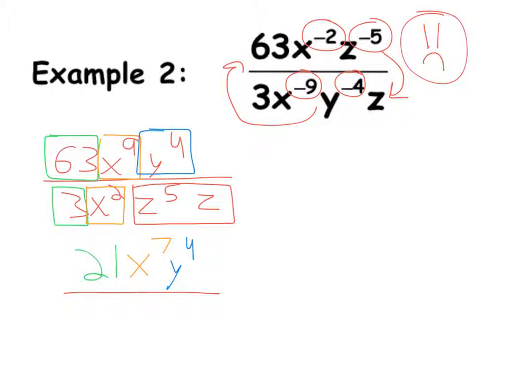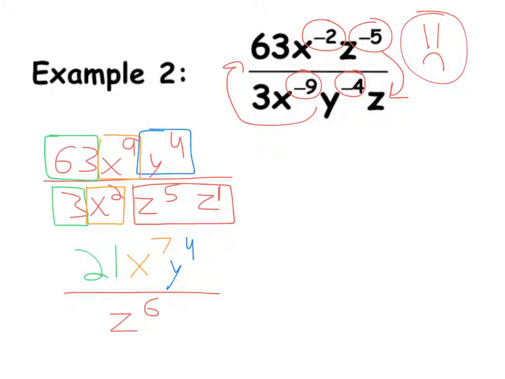Now, this z term right here has no exponent, and if it has no exponent, that means we can write in a 1. So this is z to the 5th times z to the 1st. When we multiply, we add the exponents together. And so we get z to the 6th in the denominator.